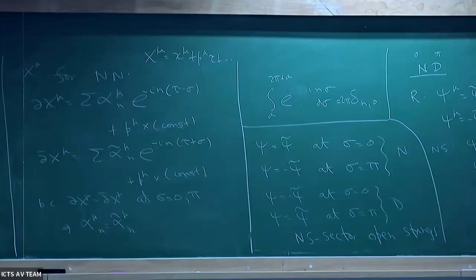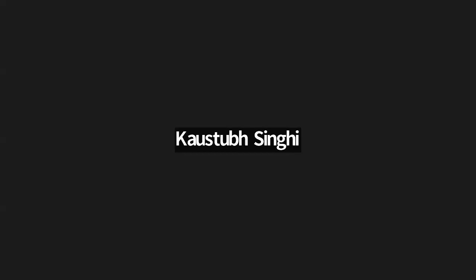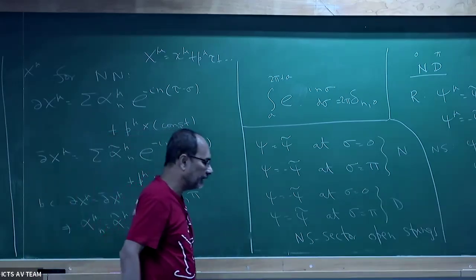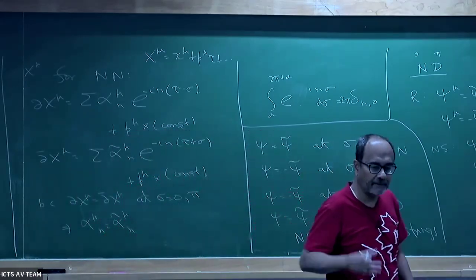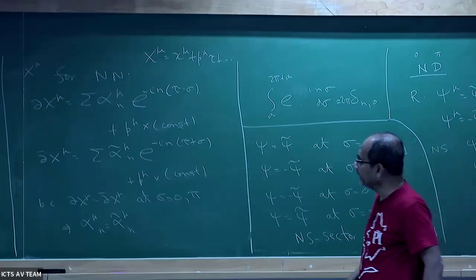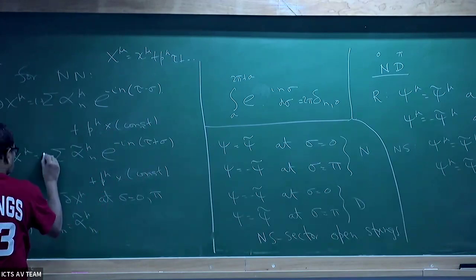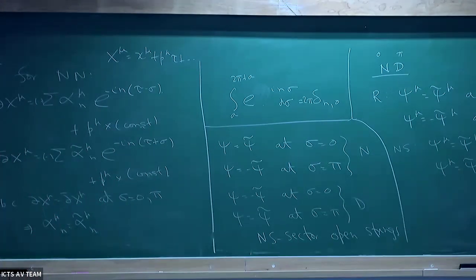Iota will come in, maybe there is some iota coming. Alpha is defined so that in the expansion of X mu, we have alpha mu n over n. So when you calculate the derivative, it's just alpha mu n; there may be some extra iota factors here, but no n. That's the way we have normalized alpha.